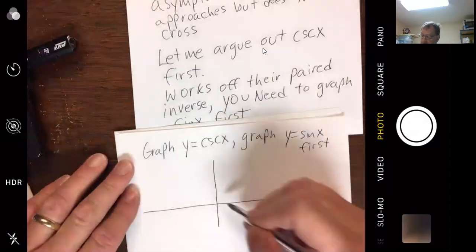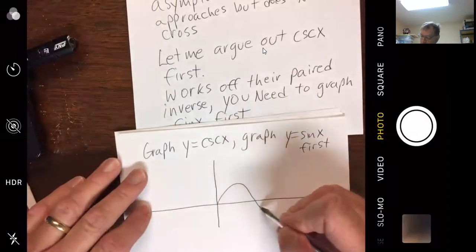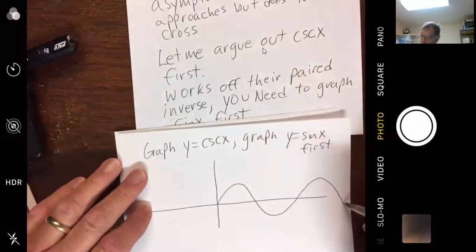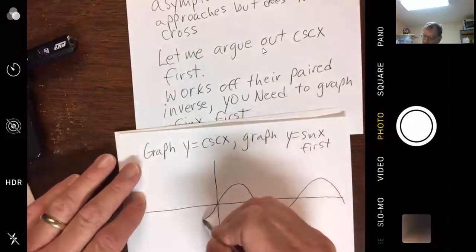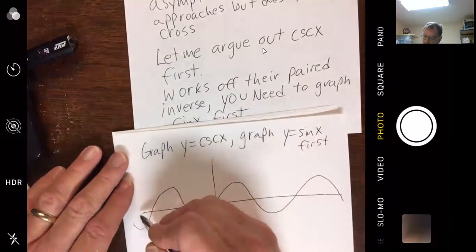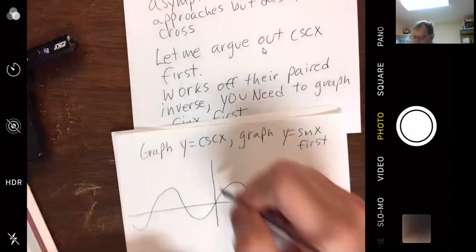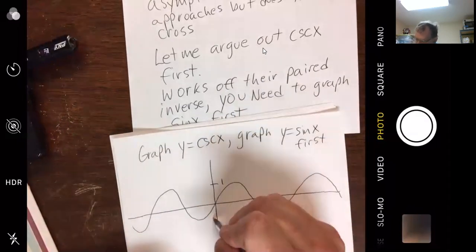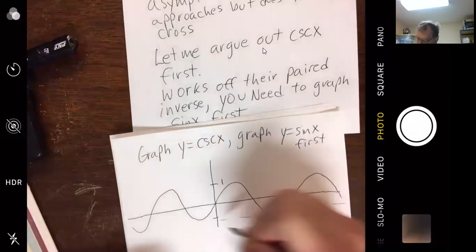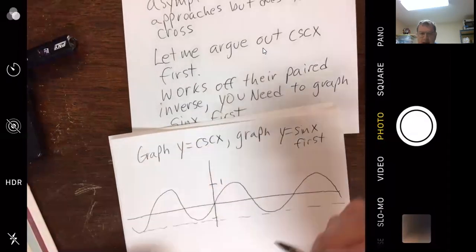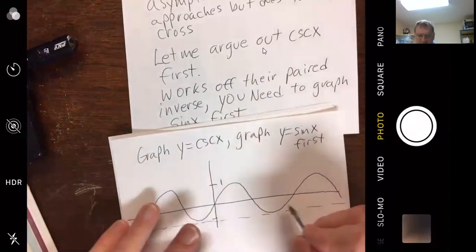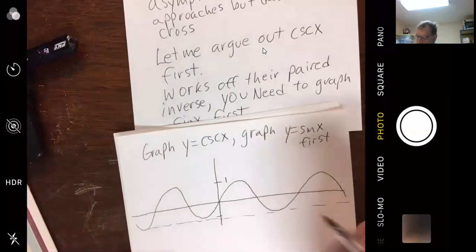Sine of x starts in the middle, goes up and down like a wave. Okay, goes up to 1, goes down to -1. I probably should have dashed it.